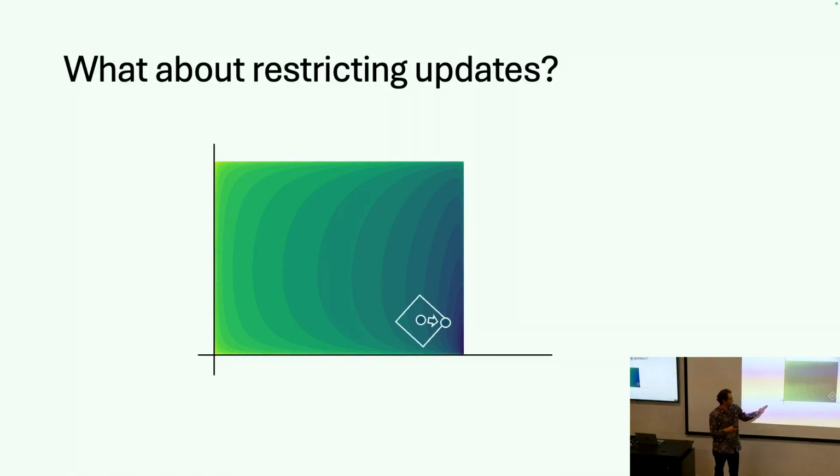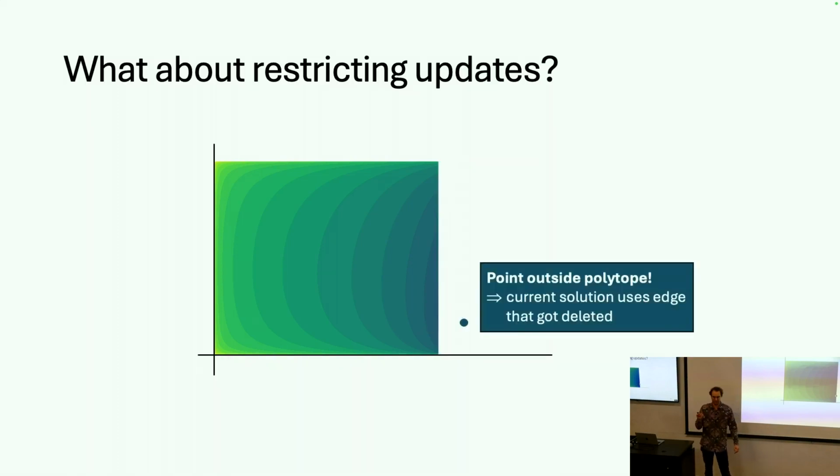The answer is that these boxes encode the parameters of the combinatorial problem, but the box changes in kind of arbitrary ways. You can see that there's a large-ish overlap between the two boxes, which just corresponds to them not changing too much. But some parts of the box might get stretched, some might get smaller. We can't really control this. So this is why we have to solve a fully dynamic problem.